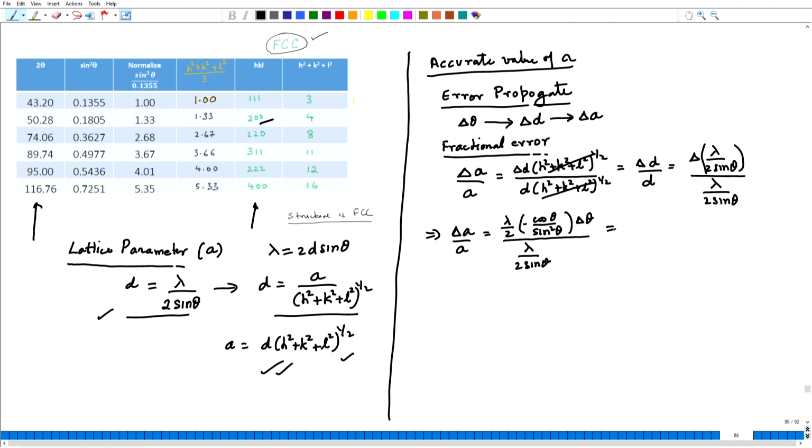Clearly, many terms will cancel out: lambda will go, 2 will go, and sin theta and one of the sin square theta. So, only sin theta will be left, and what I have now is minus cos theta upon sin theta times delta theta, which can also be written as minus cot theta delta theta.